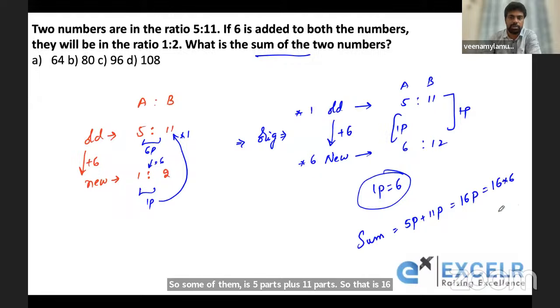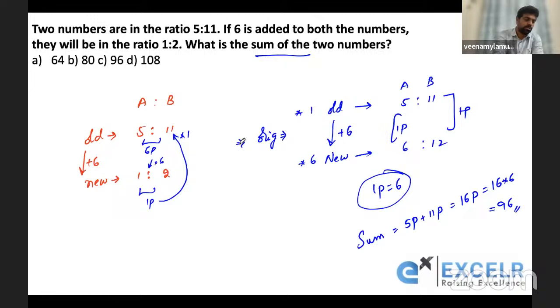So it is 16 into 6, so it should be 96. That's it. Okay. Next one.